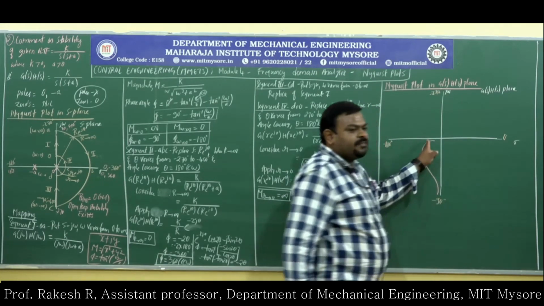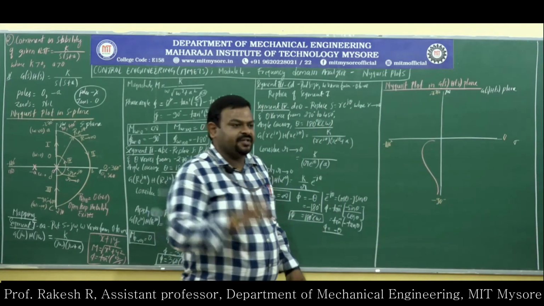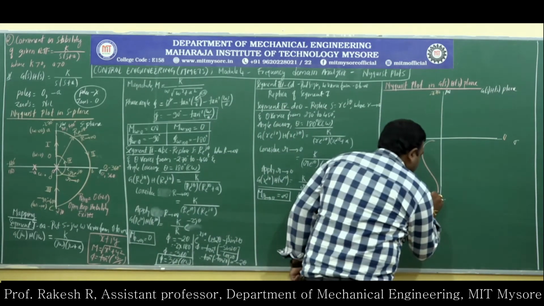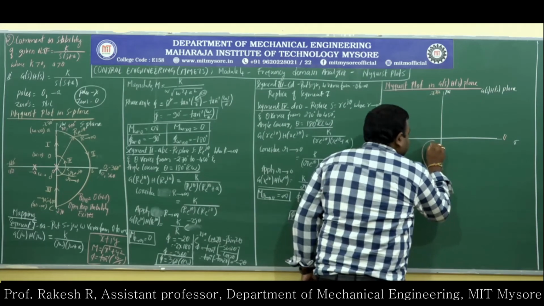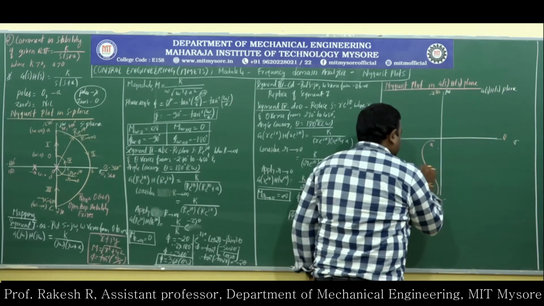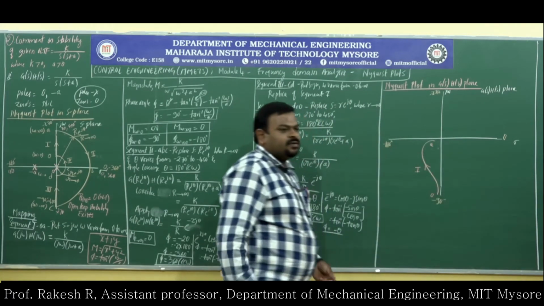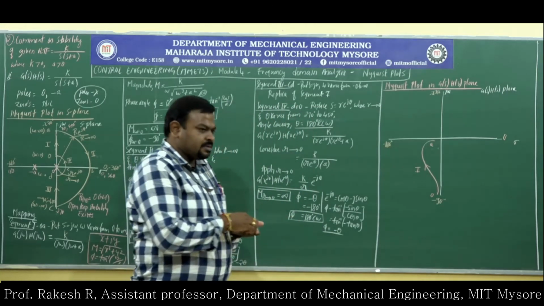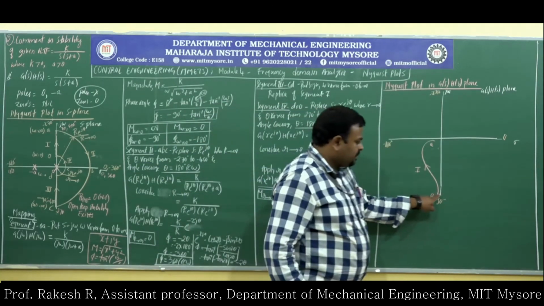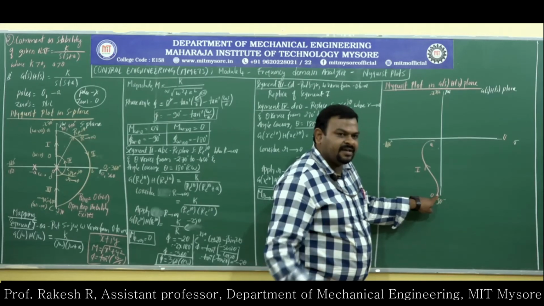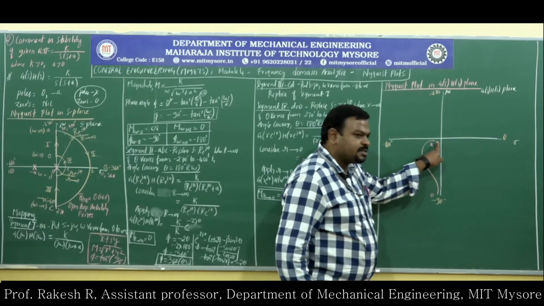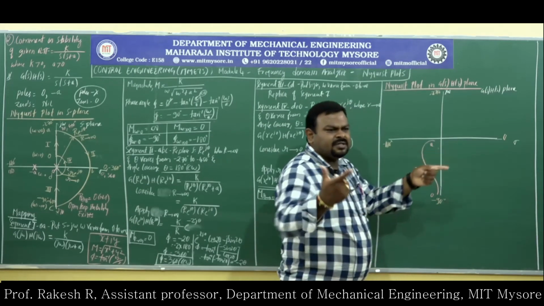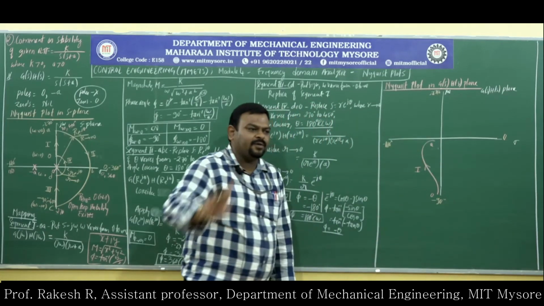It will not touch 0 because there is a pole at the origin. So this is segment 1, OA. Here the magnitude goes from infinity to 0, the same thing as in the polar plot.